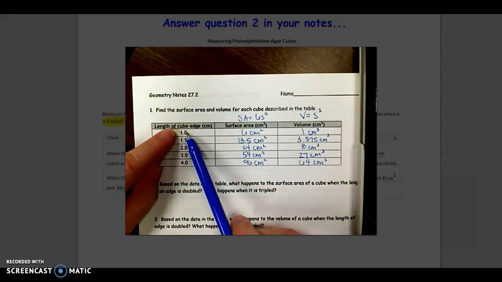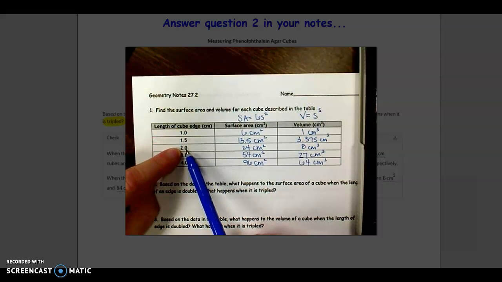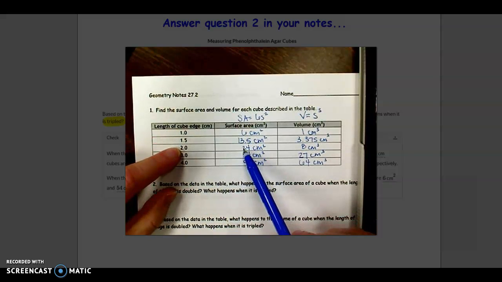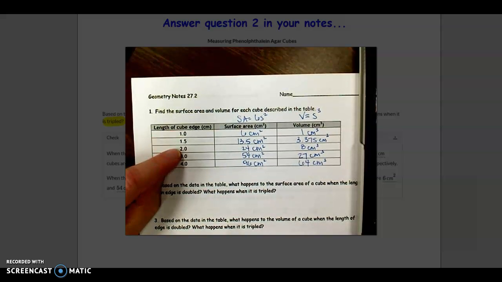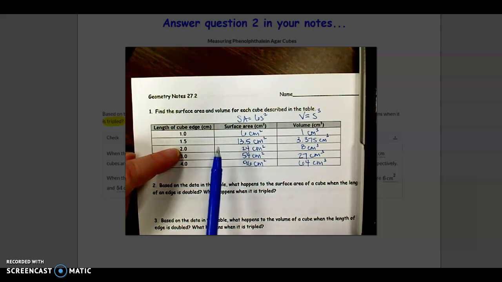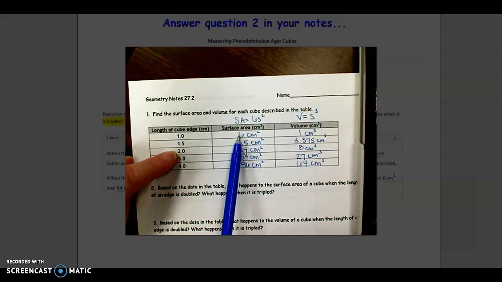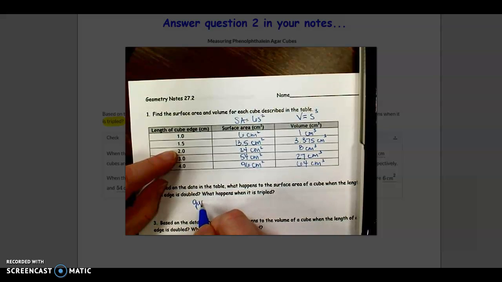If we double it, we go to a side length of 2. What happened to the surface area when we doubled the side edge? The surface area was not doubled, because 6 times 2 is 12, not 24. What was it multiplied by? It was multiplied by 4, so it was quadrupled, which means multiplied by 4.